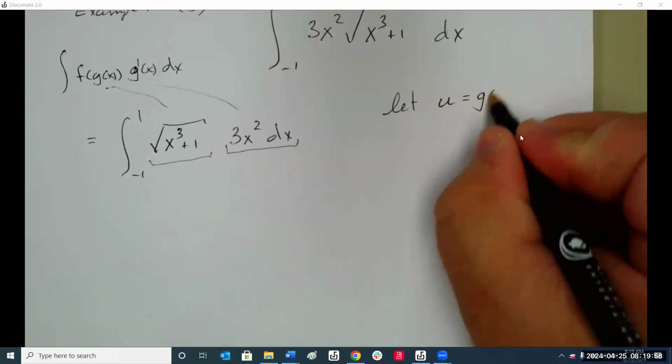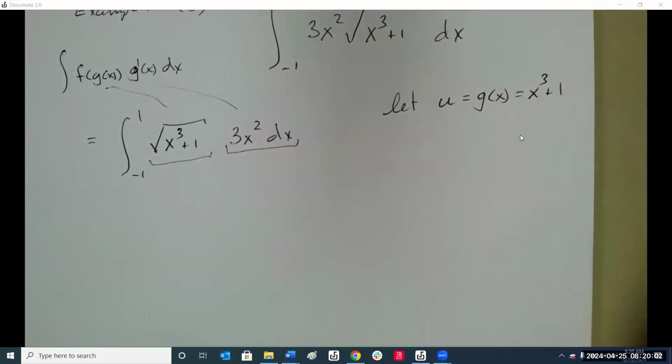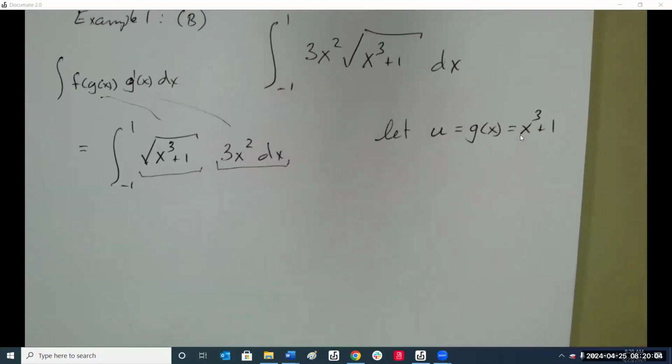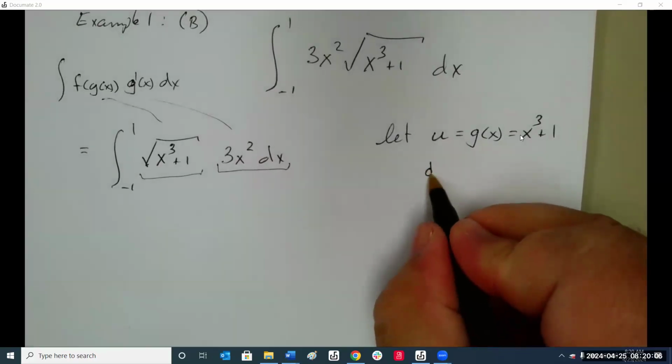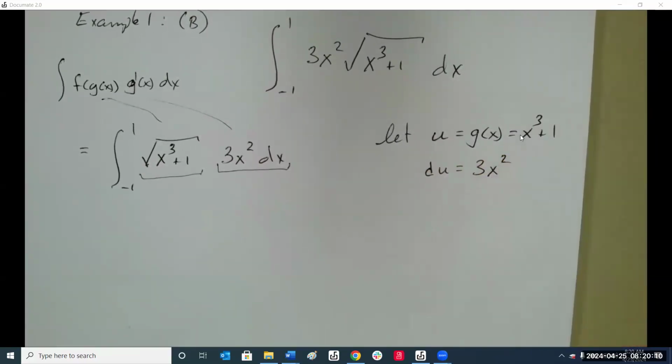Let u be our g of x function, which is x cubed plus 1. And du is going to be 3x squared dx.